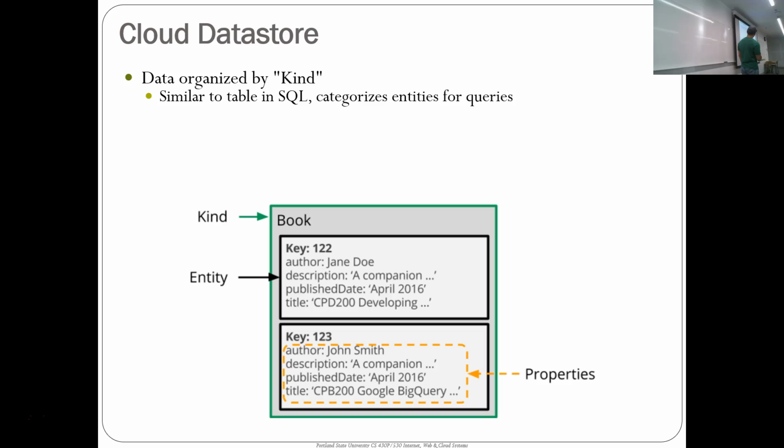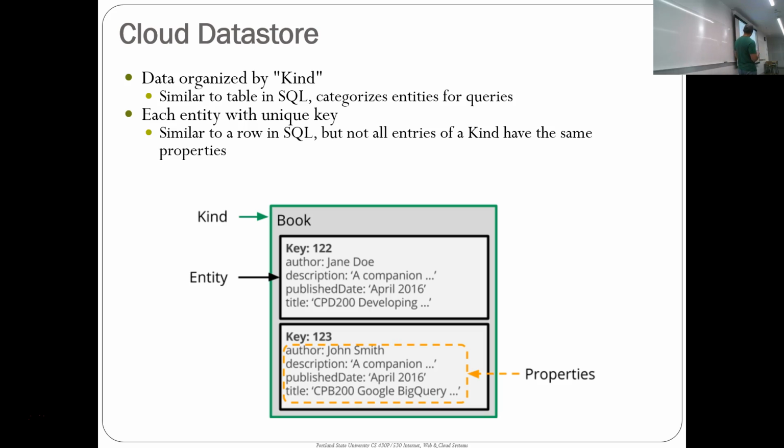So here's an example. I have a data store backend that has this book as sort of the table. And then within this, I have an entity, and each entity has the key, and then the key has some kind of blob, which are the properties, and then this is your value store. Okay. So each entity has to have a unique key for the kind that it is associated with.